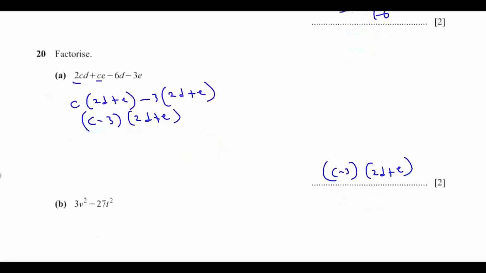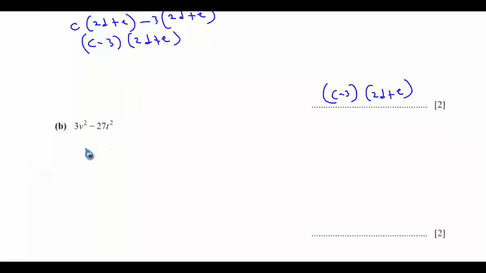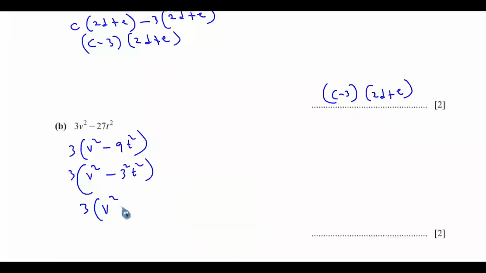Then part B, this, you can factor out 3 first. 3 into V squared minus 9T squared. Then you can write this as a difference of 2 squares. V squared minus 3 squared, then T squared. So we can combine this. We have 3 into V squared minus 3T all squared.